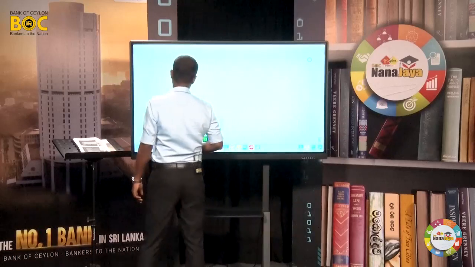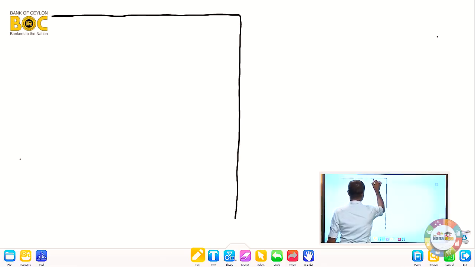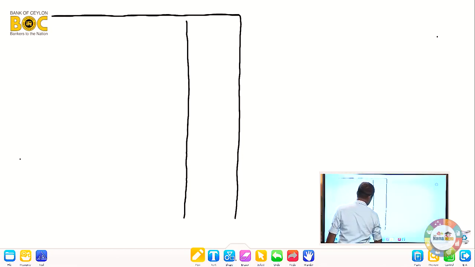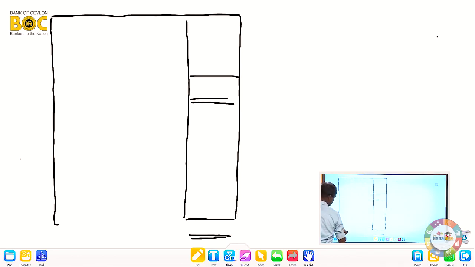If you draft the statement of financial position of this company based on the information given, you can get values for your calculations.